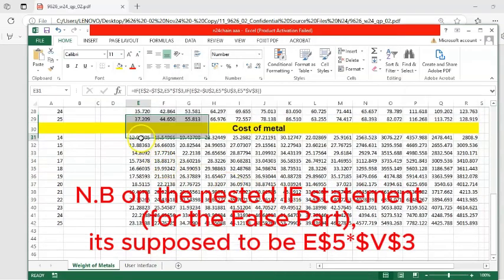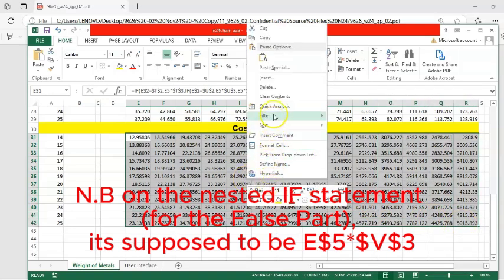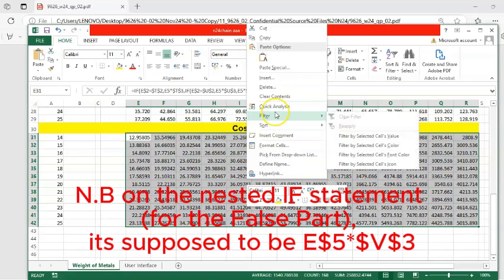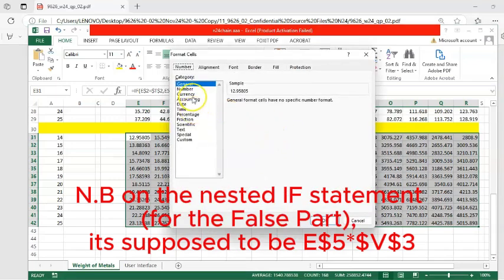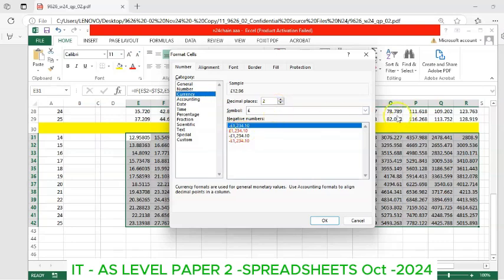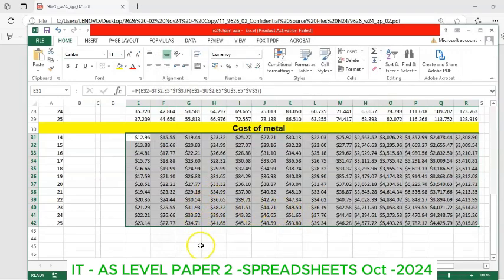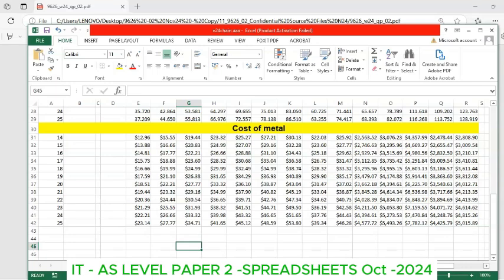Anything that has got a cost in it, so these are cost values, I'm going to format that as currency. I'll just put $1, then 2 decimal places. So that will be it.